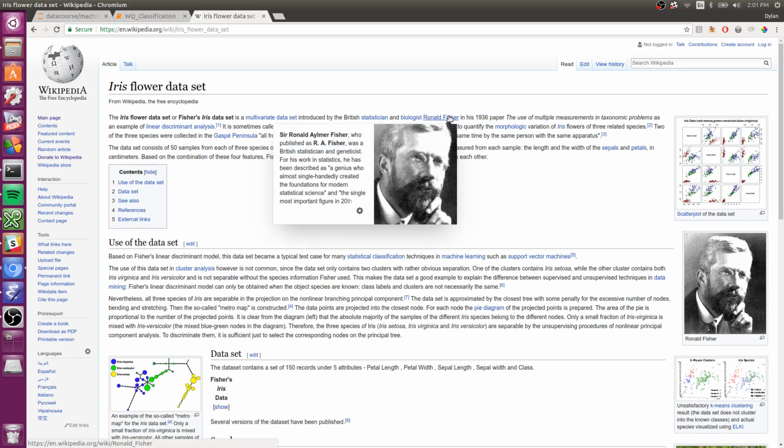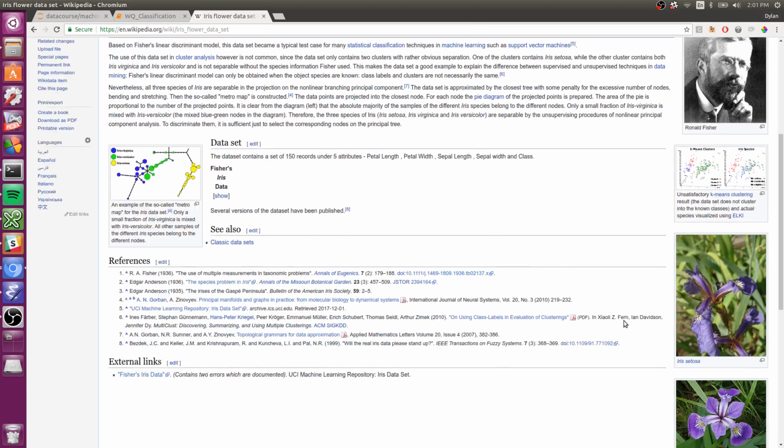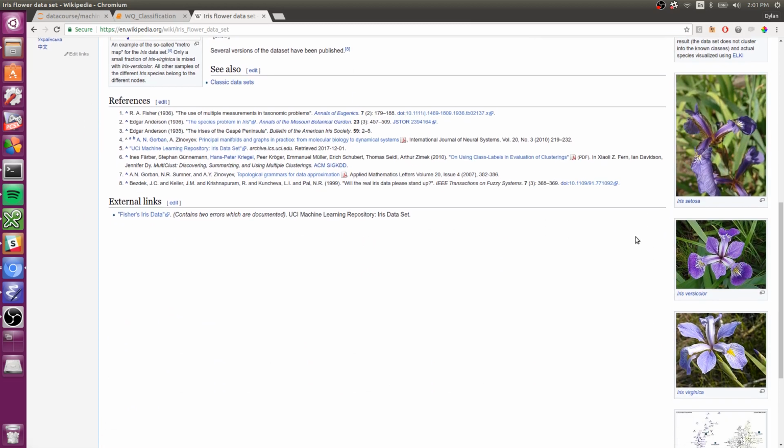It's a classic data set for teaching classification and basic statistical ideas. So it's a data set about flowers, and we basically have measurements of the different physical characteristics of this flower.